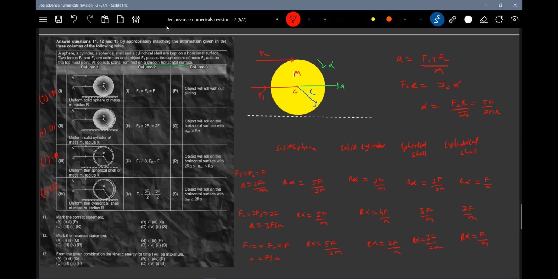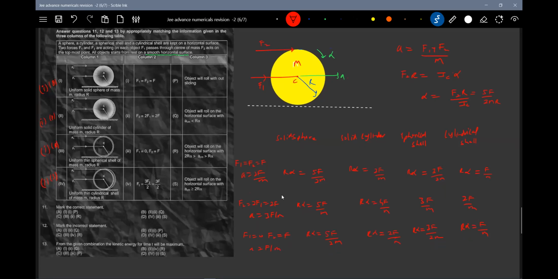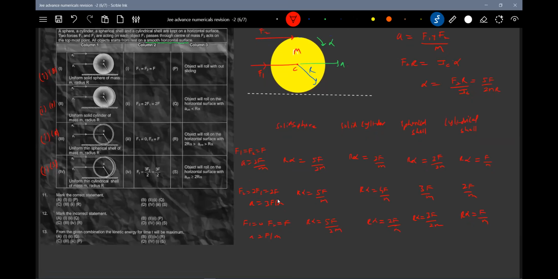Okay, I'm just filling up the columns. F1 equal to 3F by 2. Acceleration should be equal to 5F by 2M.